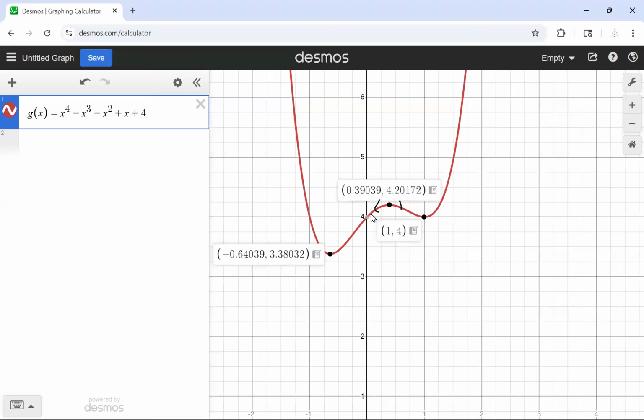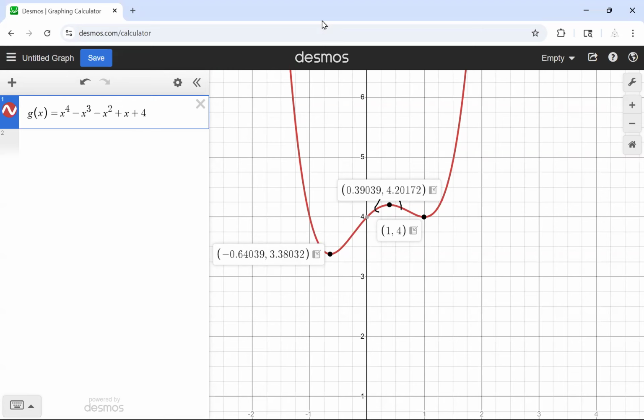So if I highlight that point, which has x value of 0.39 roughly, then that has the largest y value in that region. So we have two local minimums and one local maximum.